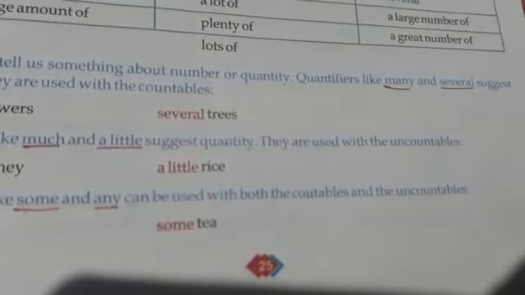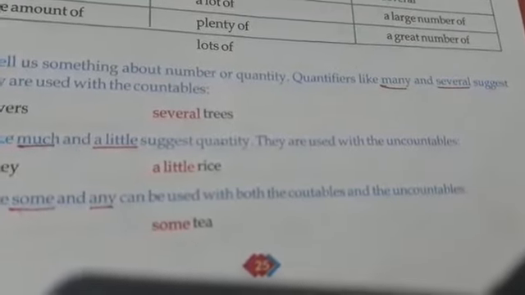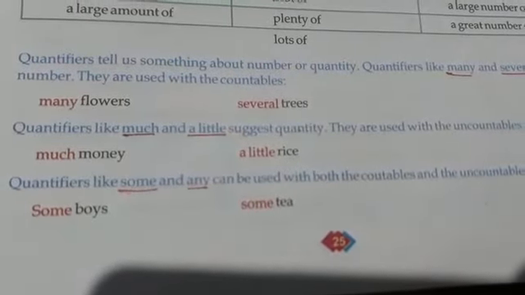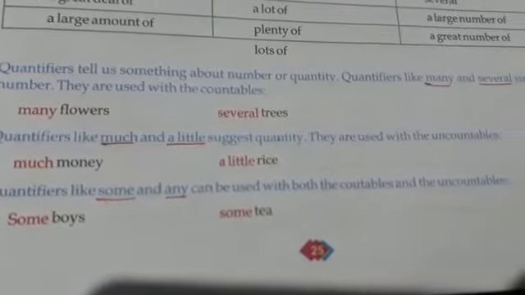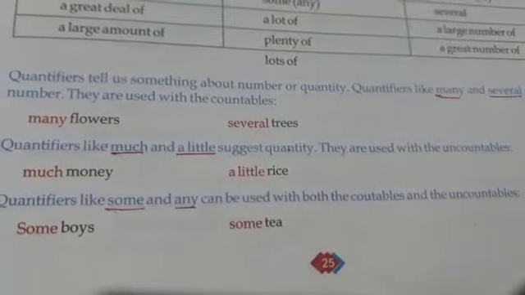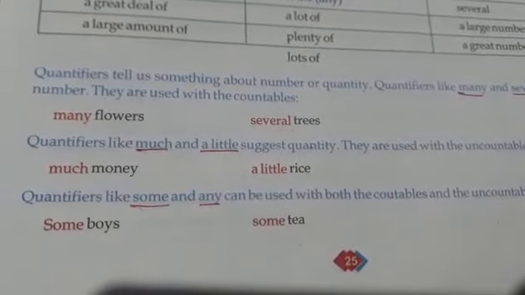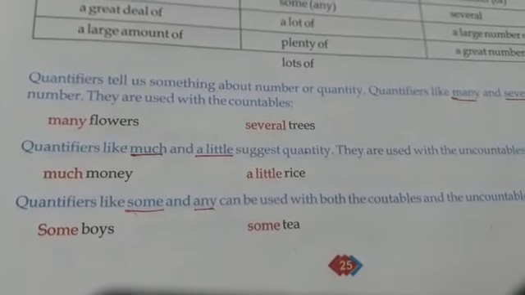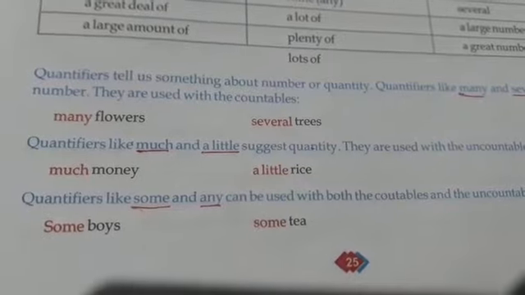They are used with the uncountables. Quantifiers like some and any can be used with both the countables and the uncountables. Some boys, some tea, any money, both countables and uncountables.